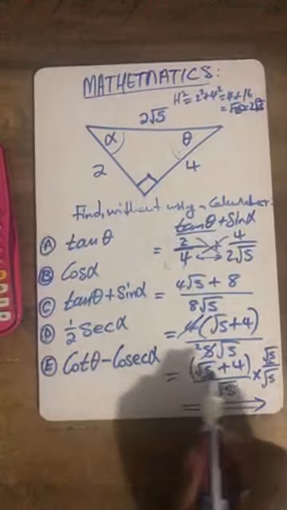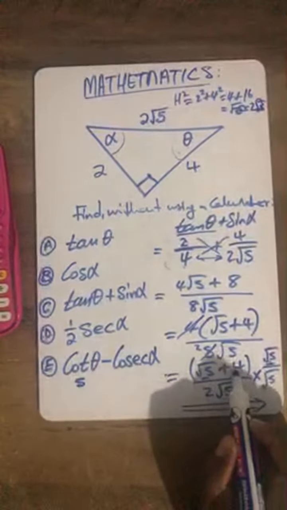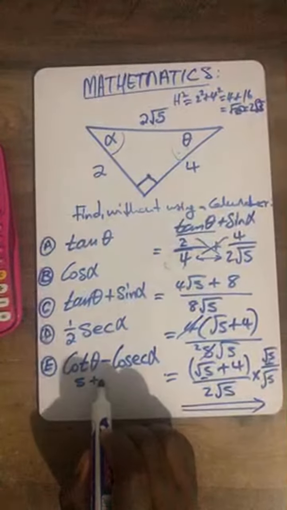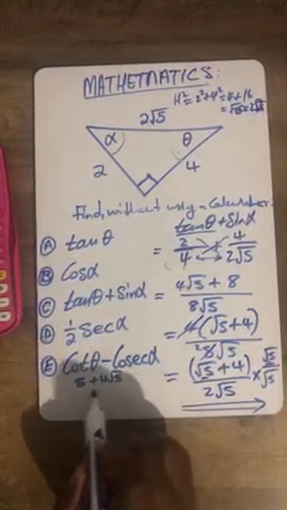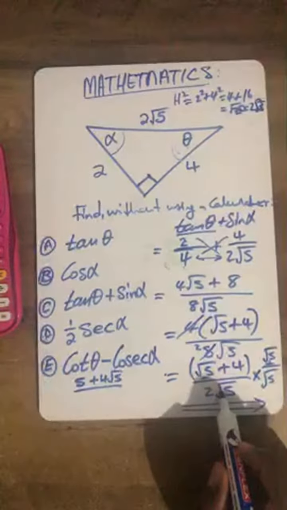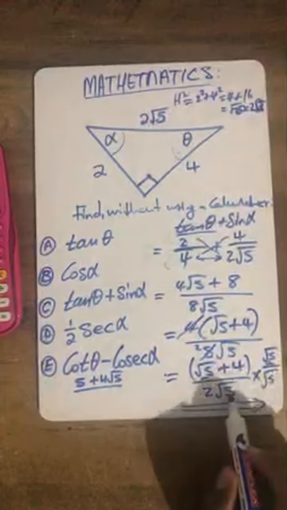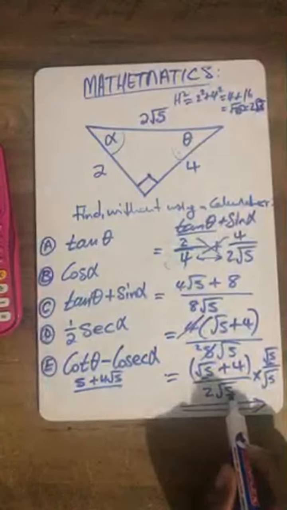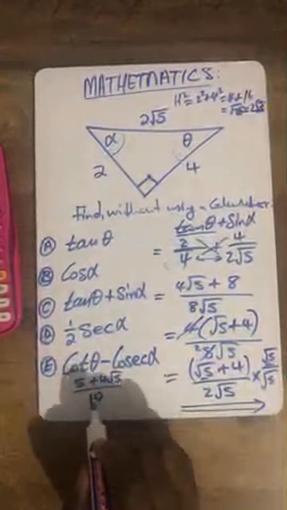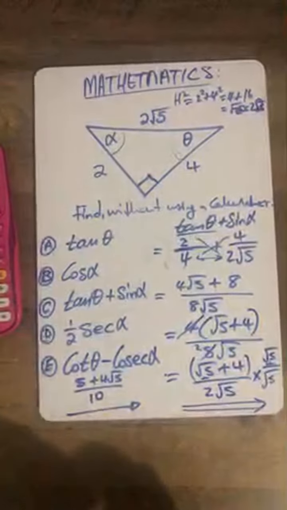So it's like square root of 5 times square root of 5, it is just 5. And then 4 times square root of 5, it's 4 square root of 5 over, and then this times that, square root of 5 times square root of 5 removes the square root, it is just 5 times 2, which is 10.